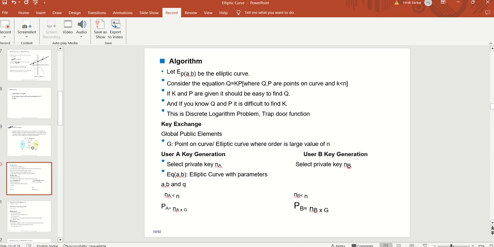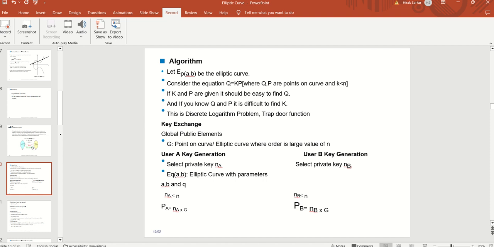Then we have the algorithm for ECC, or elliptic curve cryptography. It's elaborately written in this PPT. I'll share this PPT, but let me go through it with you. Let Ep(a,b) be the elliptic curve.